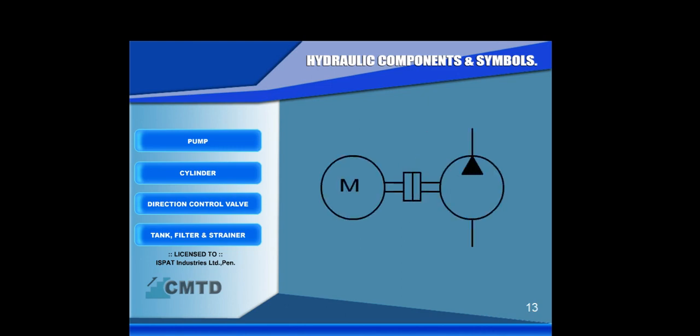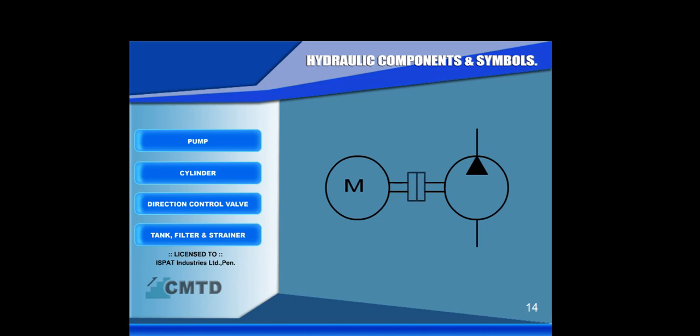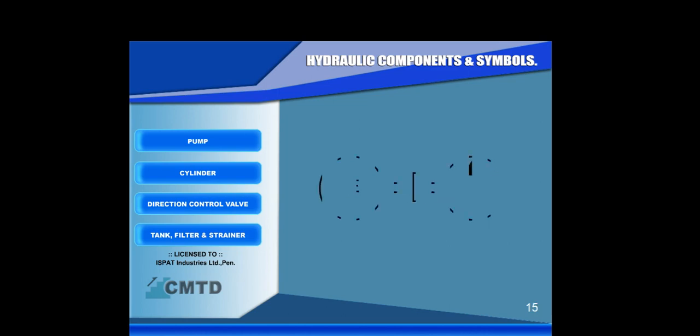Sometimes an electric motor and coupling is installed to drive the pump. Sometimes the pump is driven by an engine. The engine is shown along with the pump. In the simplified symbol, motor and coupling are not shown.